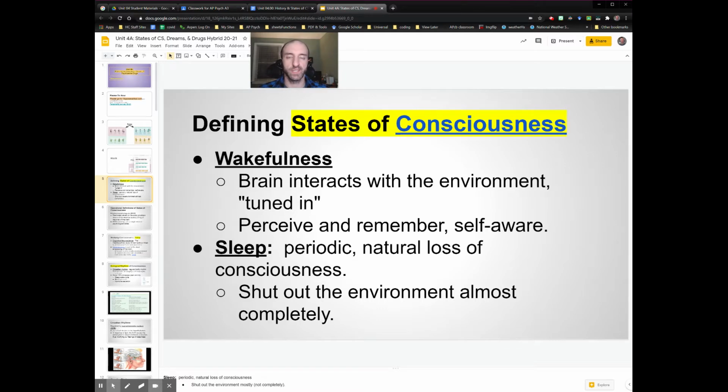You can still do some sensation in your sleep, but you're less likely, obviously, to be perceiving the environment around you. So that's sleep, a temporary loss of consciousness. You're kind of shutting out the environment. As you go through different stages of sleep, you shut out more and more of the environmental stimuli, or at least react to it less.